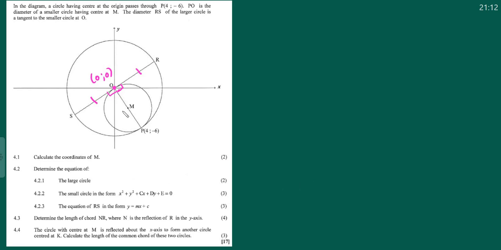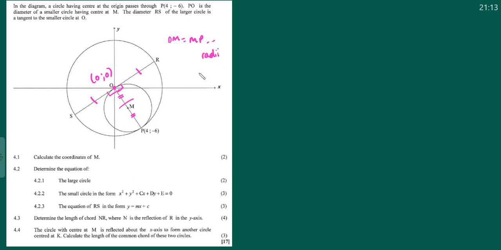I wanted to indicate that OM is equal to MP. Calculate the coordinates of M. OM is equal to MP, radii. Let's not forget our Euclid.